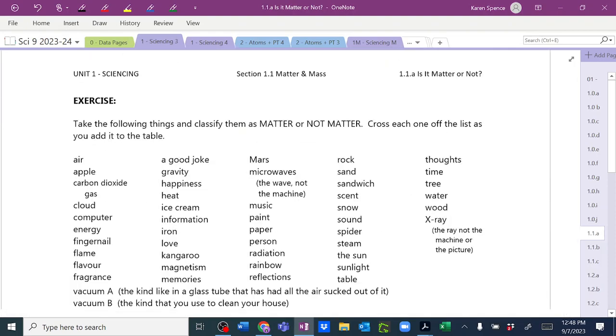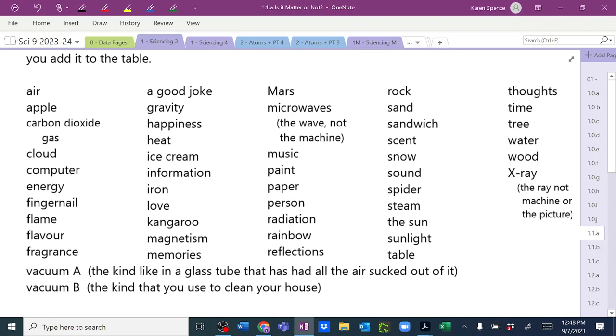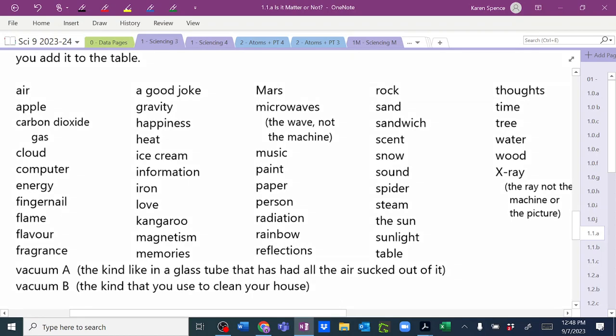Let us go to here. And what I would like to know from you, have a little chat with your neighbor about anything that you thought was weird or you weren't sure about. Okay, so just let your neighbor or your neighbors know if there was anything that you thought was strange or you weren't sure about.